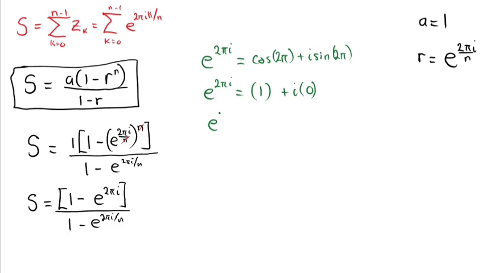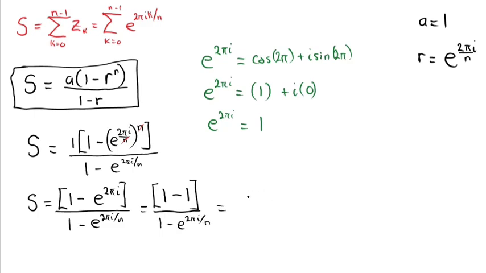So e to the power 2 pi i is equal to 1 plus 0, which is just 1. We can now substitute and say this equals, in the numerator, 1 minus 1, because e to the power 2 pi i is just 1, and this is over 1 minus e to the power 2 pi i divided by n.